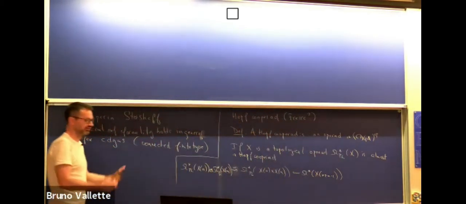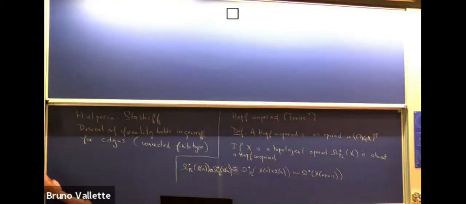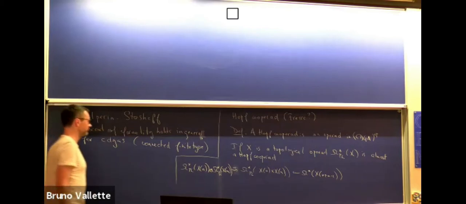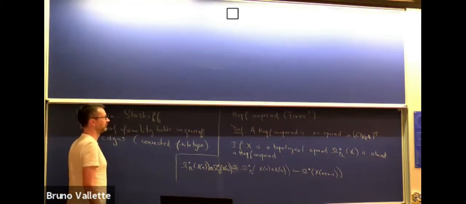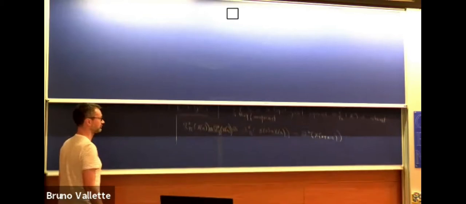On each space, it does something quasi-isomorphic to the standard Omega star PL, but it is defined on the category of topological operads, and it lands in the category of Hopf operads.